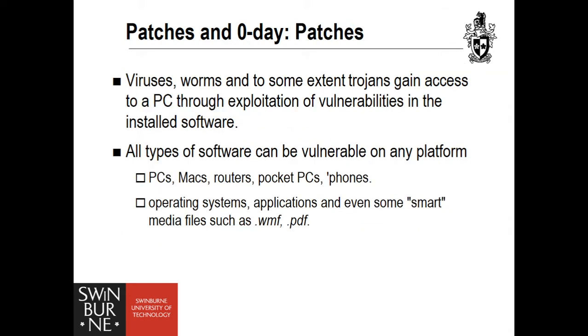Viruses, worms, and to some extent Trojans gain access to a PC through exploitation of vulnerabilities in the installed software. All types of software can be vulnerable on any platform, such as PC, Mac, router, Pocket PC, phone, operating system, application, and even some smart media.